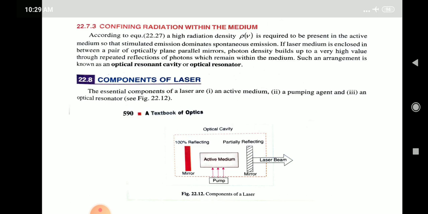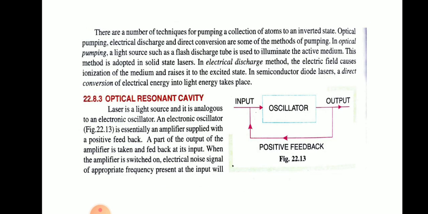Now, see in this diagram, red is the mirror which is 100% reflecting.